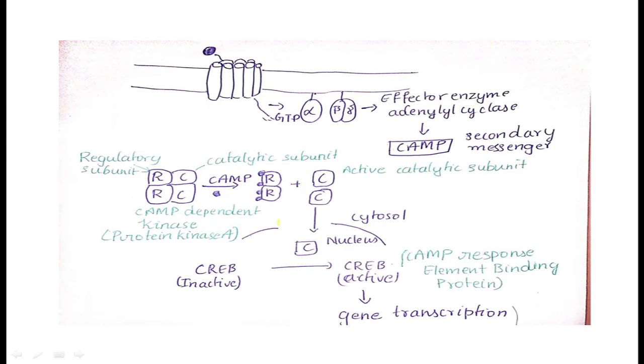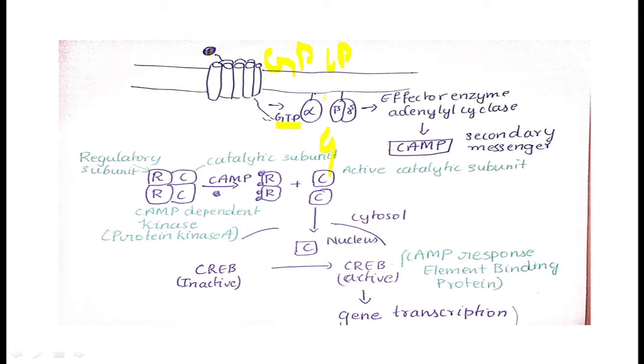Fine. So this is a ligand. It is going to bind to your GPCR. This is your GPCR, and this is your G protein. Once the ligand is bound to the GPCR, you can see the G protein is activated. When GTP is bound to G protein, it means it is activated.